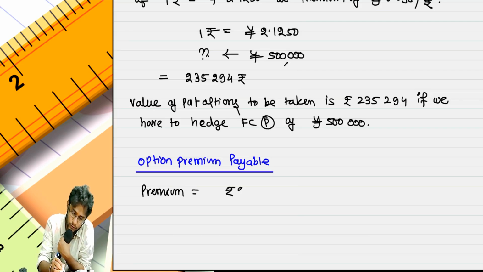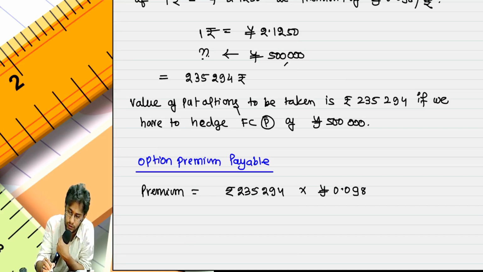Premium is equal to rupees 235,294 into, not rupees, yen, 0.098 per rupee. Sort this out.